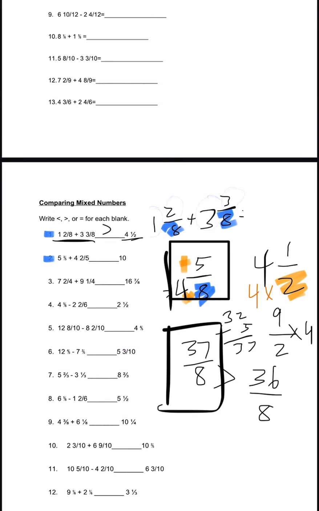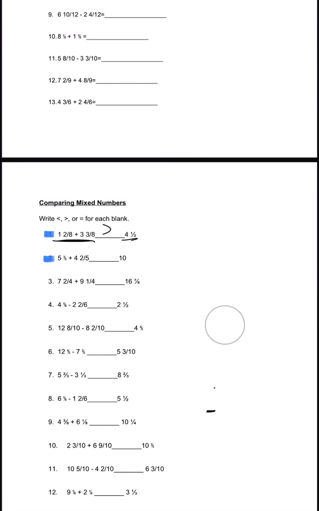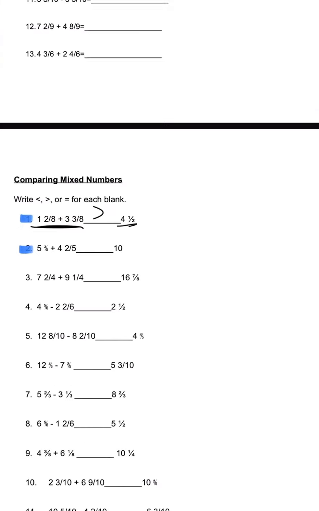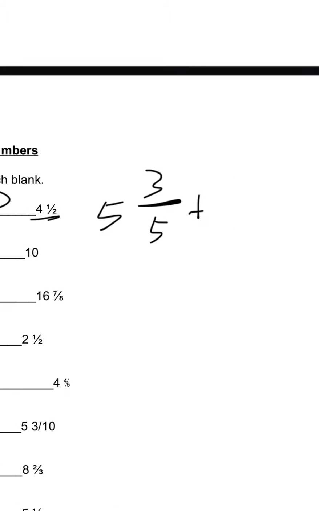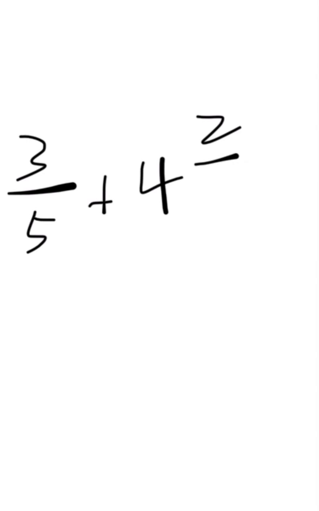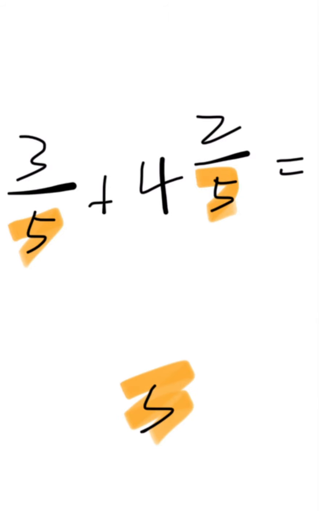Okay, let's erase the work and try number 2. We have 5 and 3/5 and 4 and 2/5. Here we see that we have a common denominator of 5 and 5. So we're going to bring that down here.